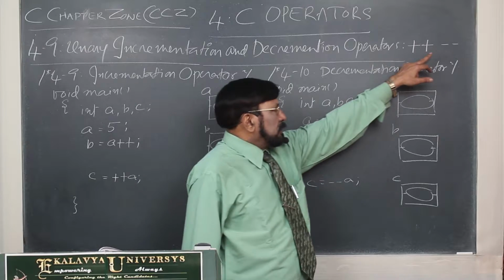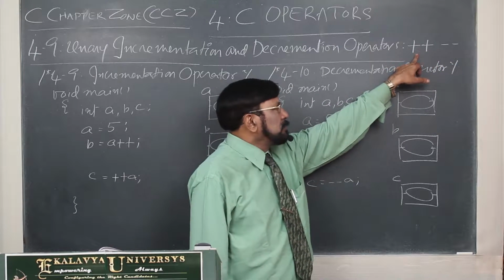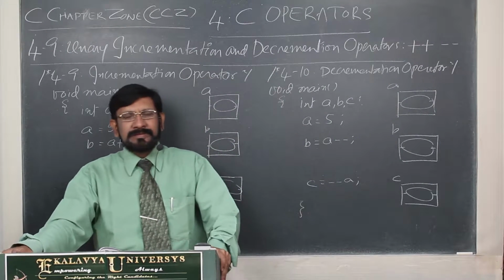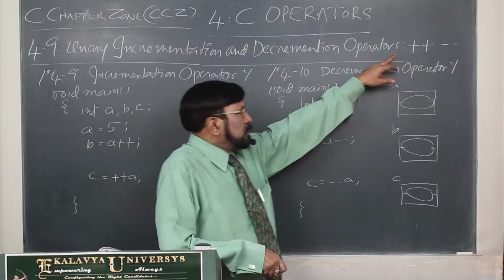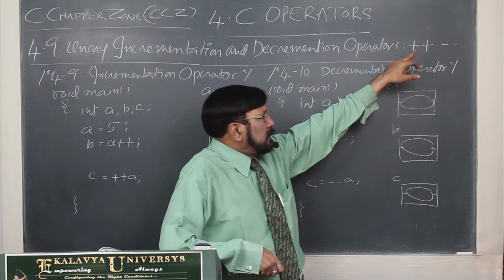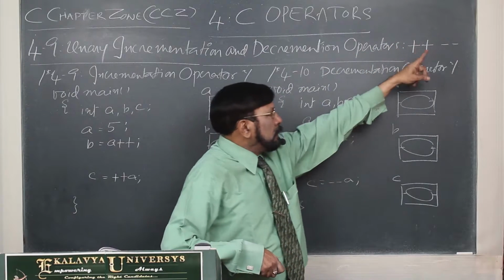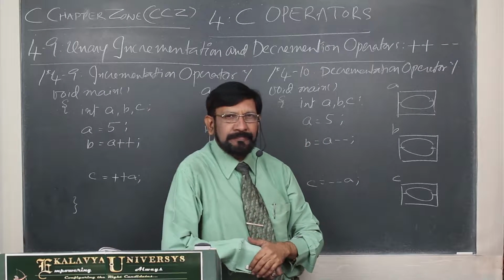Actually, these are two operators, plus plus, twin symbols, and minus minus. And in these, two variants are there. What are the variants? Pre-increment operator, post-increment operator, pre-decrement operator, post-decrement operator.